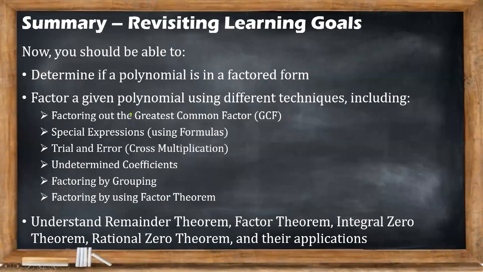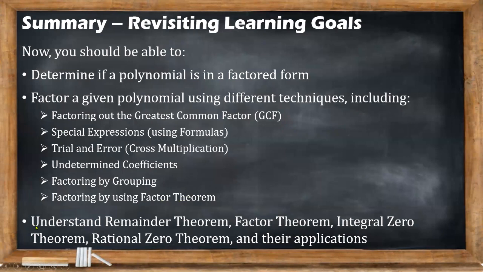All right, so let's make a summary of today's lesson. So now you should be able to determine if a polynomial is in a factored form and factor a given polynomial using different techniques, including the following 5 common methods, right?